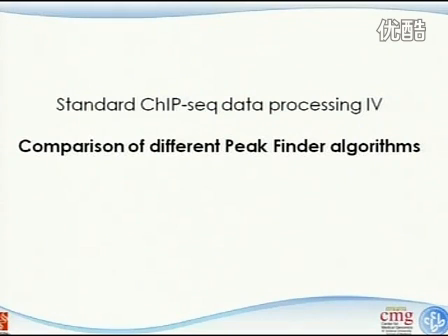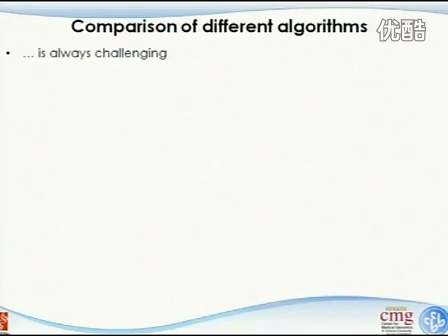All right? In the next couple of slides, I'm going to just flash through several standard comparisons of different peak finder algorithms. This is the paper that Hai found, so I'll just give you a very brief introduction of their results.